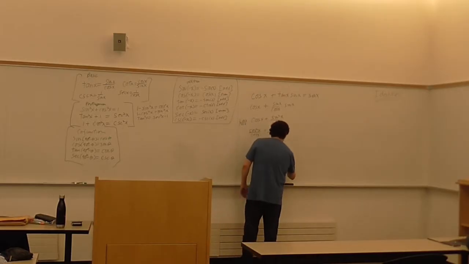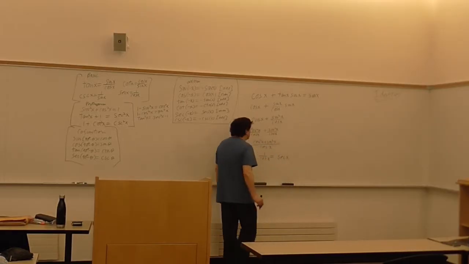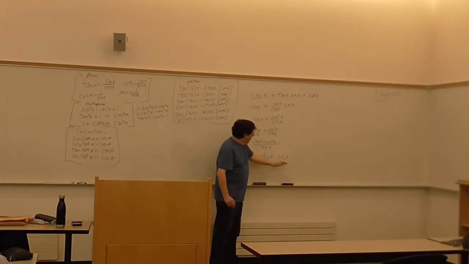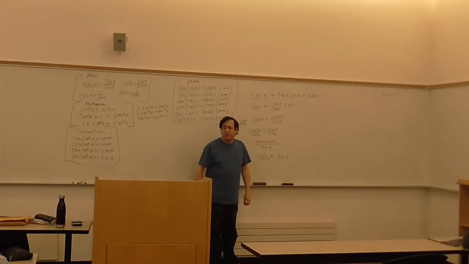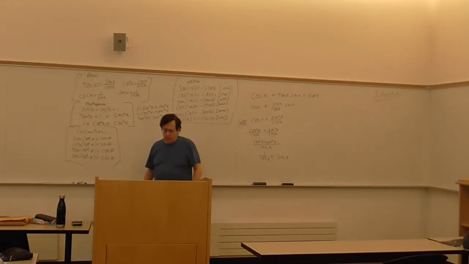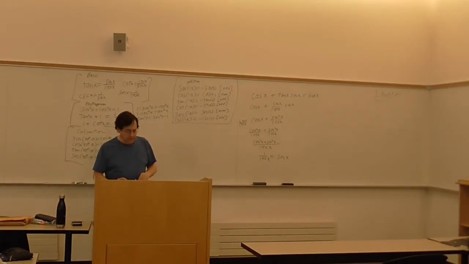That's secant of x. Okay, so we start on the left side, we convert everything to sines and cosines, we put it over a common denominator, we try reducing things, and we find we end up where we want to be. And since our steps are reversible, we know this is a valid identity.